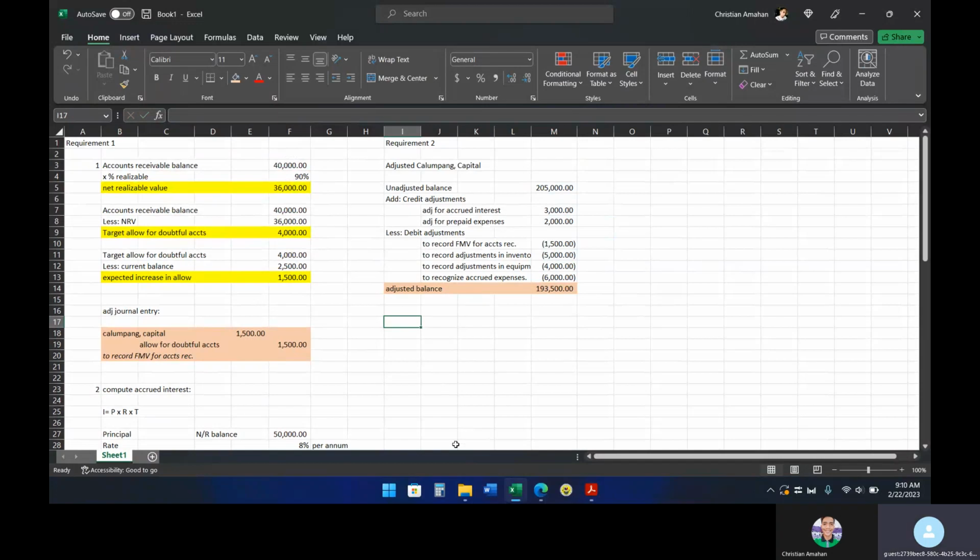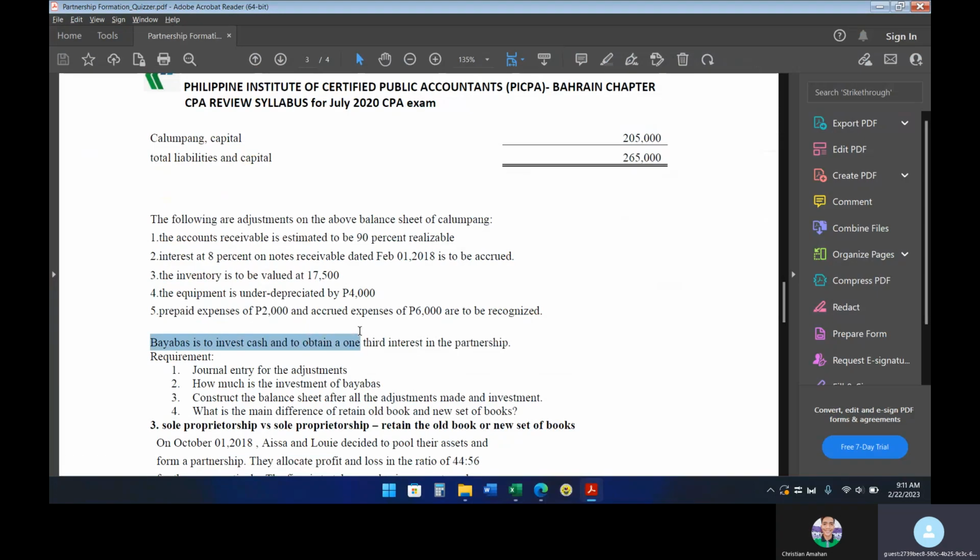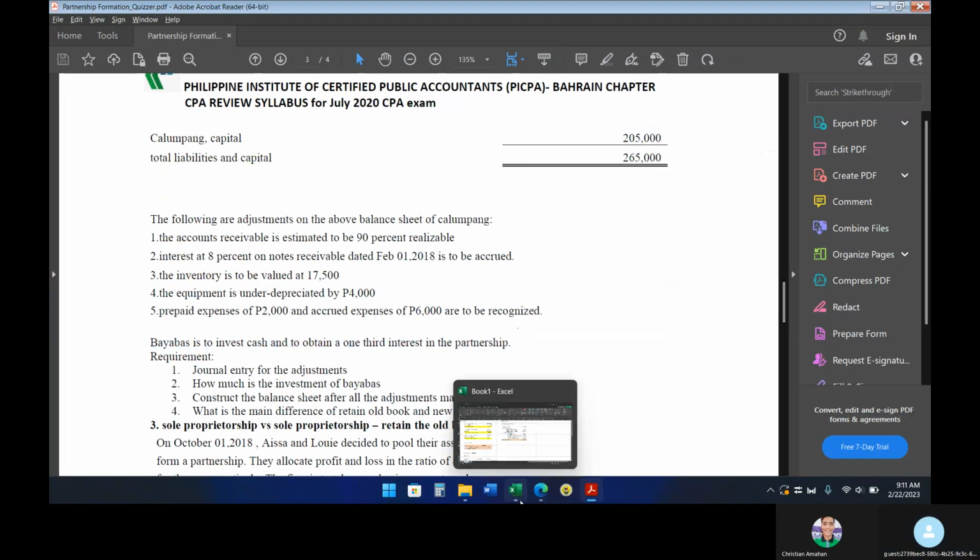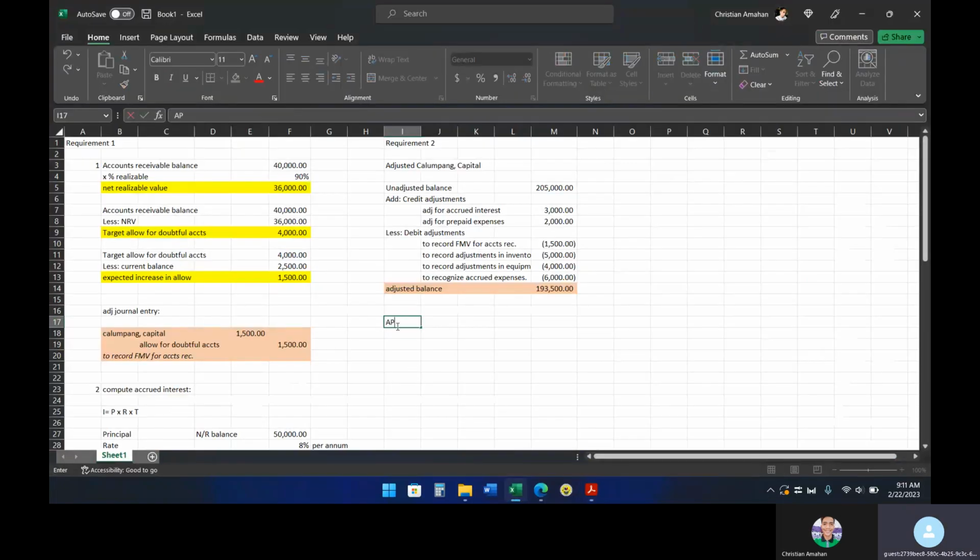Okay? So let us now compute the required investment of partner Bayabas. Partner Bayabas is to invest cash to obtain a one-third interest in the partnership. So we have to compute here the one-third interest.